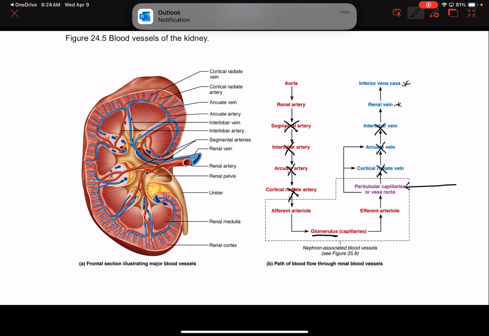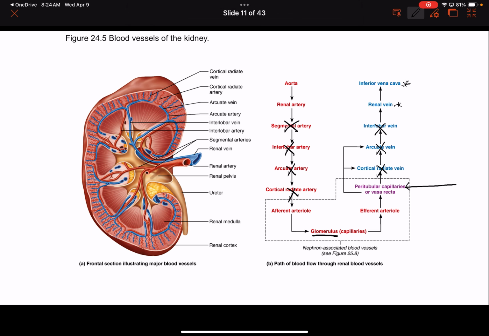Put peritubular capillaries, that's the one we're going to deal with the most, and underneath it you could put or vasa recta.